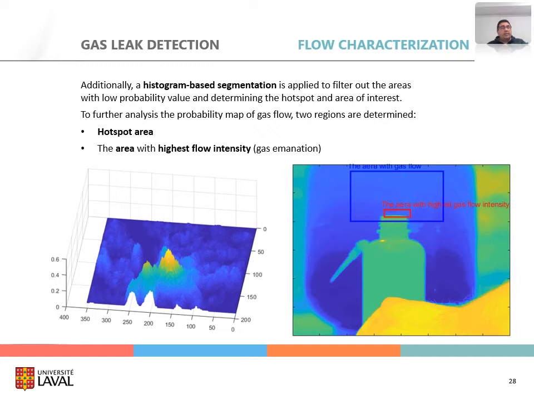Additionally, at the next step, a histogram-based segmentation is applied to filter out the areas with low probability value and determine the hotspot and area of interest. To further analyze the probability map of gas flow, two regions are determined. Hotspot area, the area with the highest flow intensity.